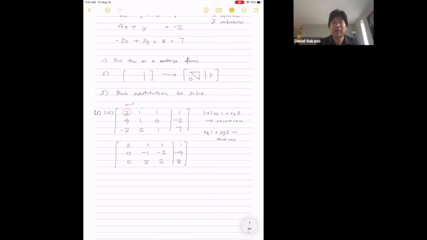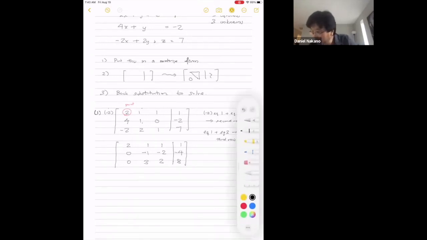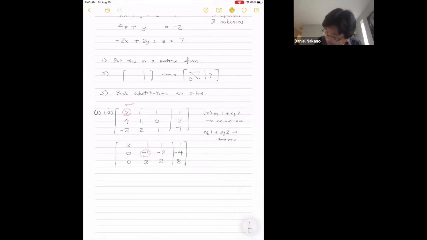Okay. Now I want to put it in upper triangular form, so I want to get rid of the 3. So now I'm going to change colors again and use this one as a pivot. And I'm going to knock out the 3, as you can imagine, by multiplying the second row times 3, adding it to the third row and putting it in the third row.